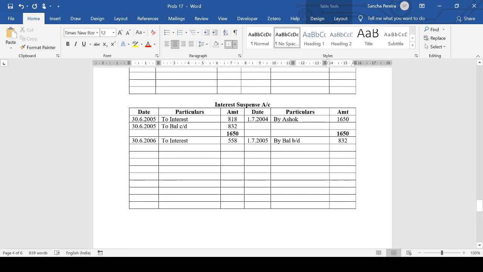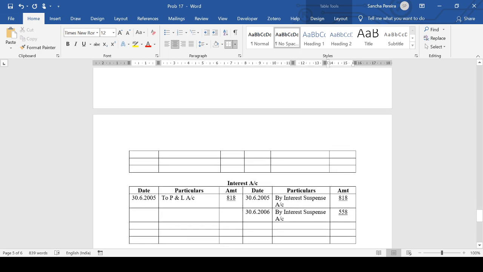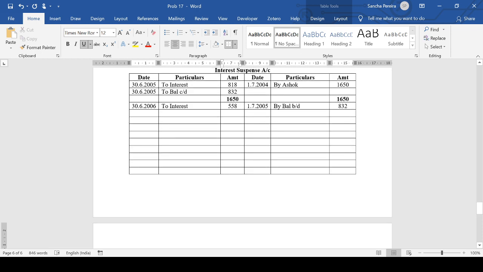Similarly, in the interest account, 30th June 2006 to P&L account 558. So your P&L account, the interest account balances, don't need to close it.